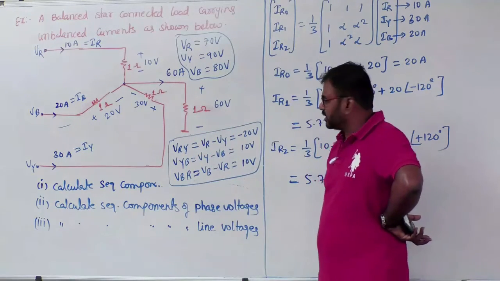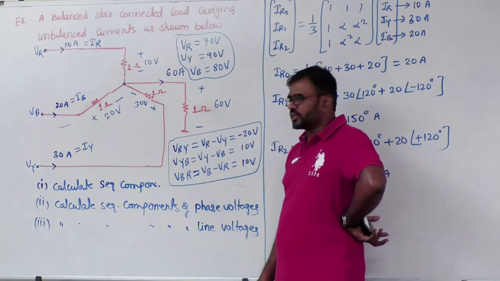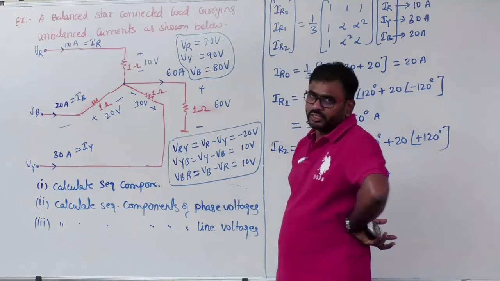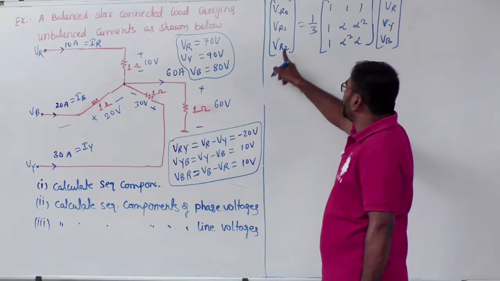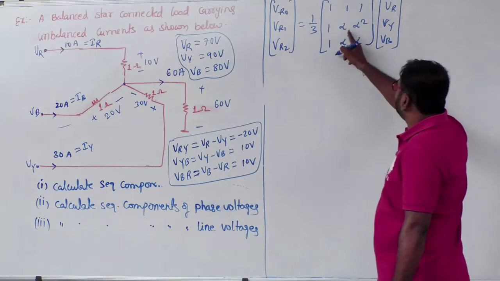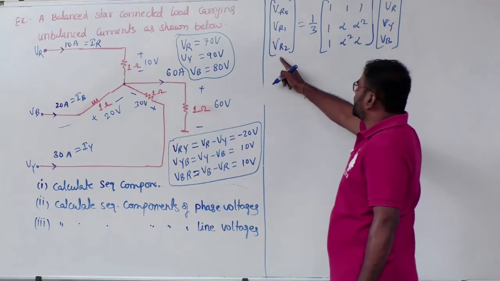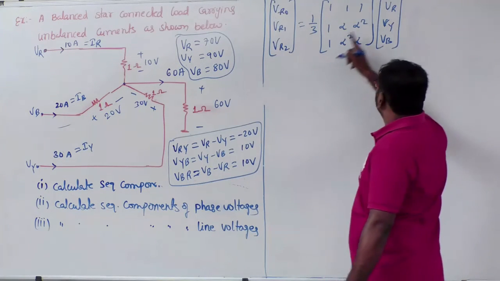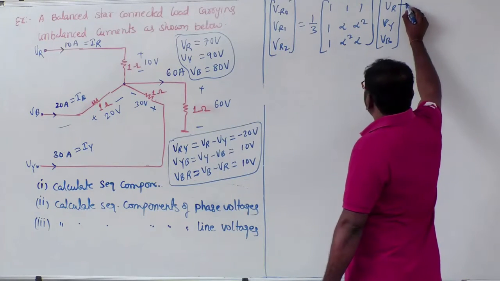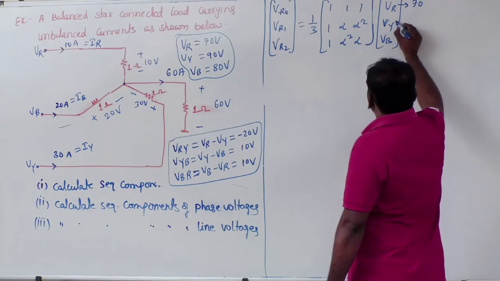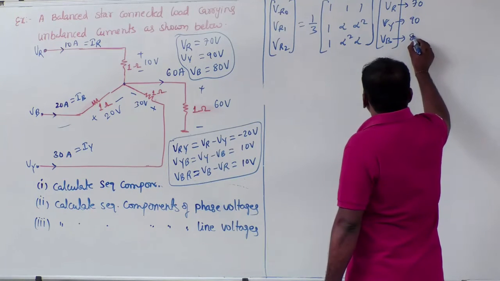Now we can calculate the sequence components of phase voltages and of line voltages. Let's see Vr0, Vr1, Vr2: 1 by 3 times the matrix [1 1 1; 1 alpha alpha square; 1 alpha square alpha] times [Vr Vy Vb]. These are the sequence components of phase voltages, and these are the unbalanced phase voltages. Vr is 70, Vy is 90, Vb is 80.